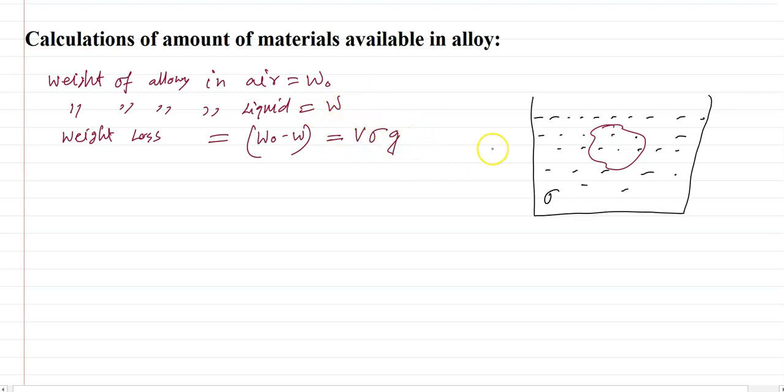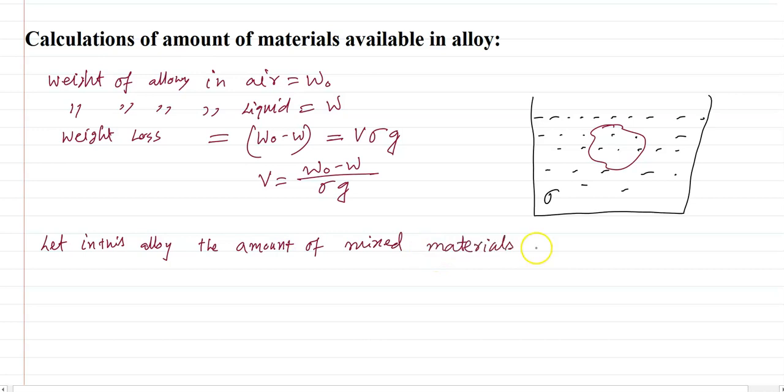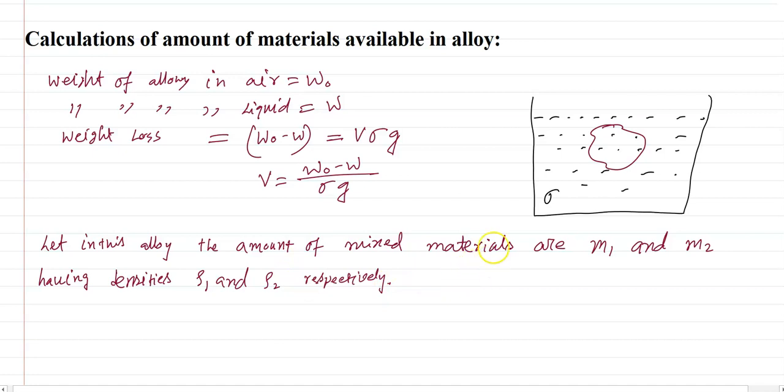Here V is the volume of the total alloy substance. Then V will be W naught minus W by sigma G. Now let the amounts of mixed materials in this alloy be M1 and M2, having densities rho 1 and rho 2 respectively.